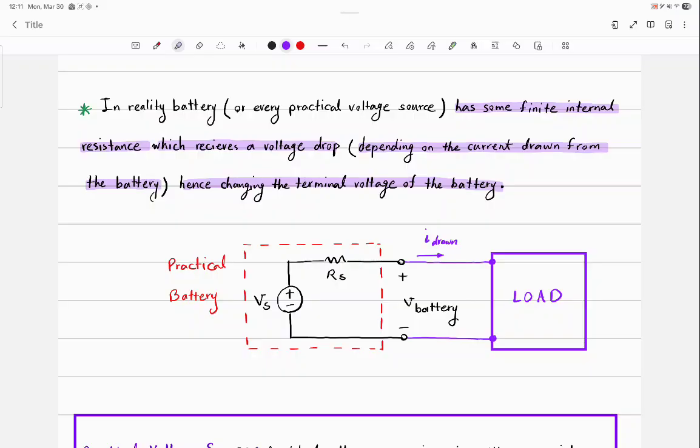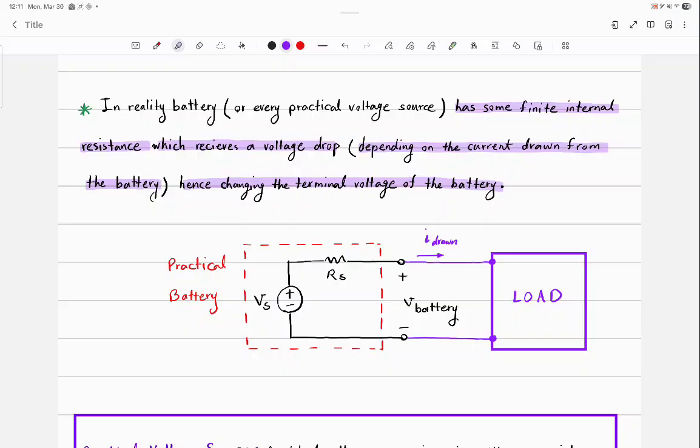If you don't know what load is, anything that receives power from a source can be called a load. A resistor, a capacitor, a refrigerator, a starter of the car, anything, it's called load, okay?